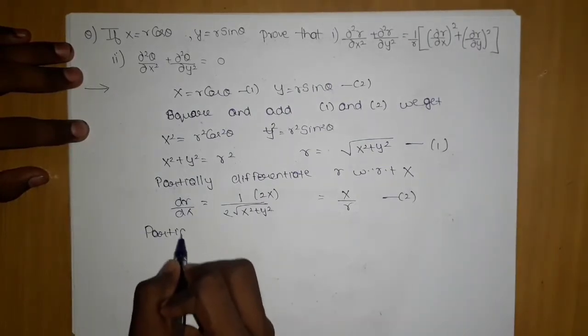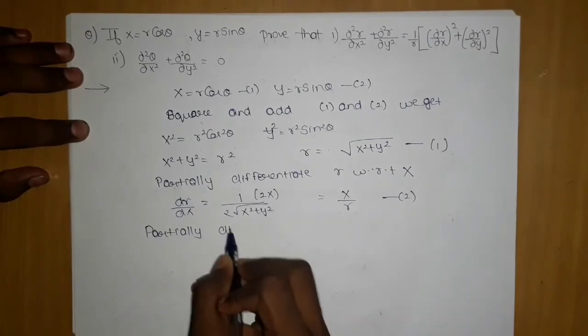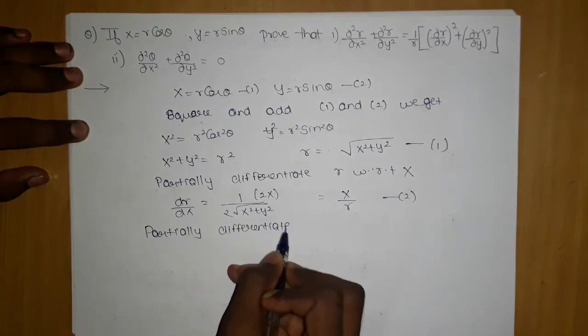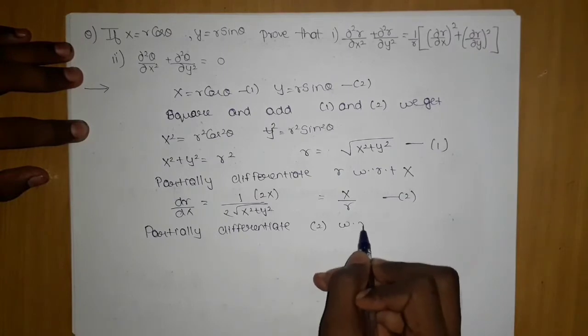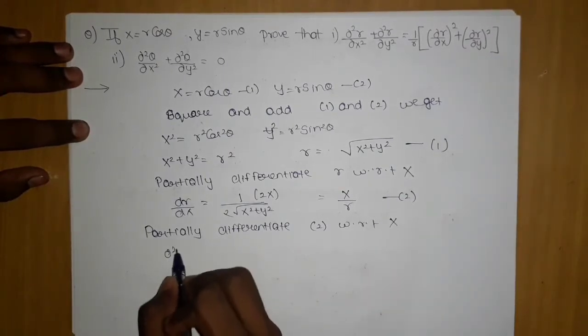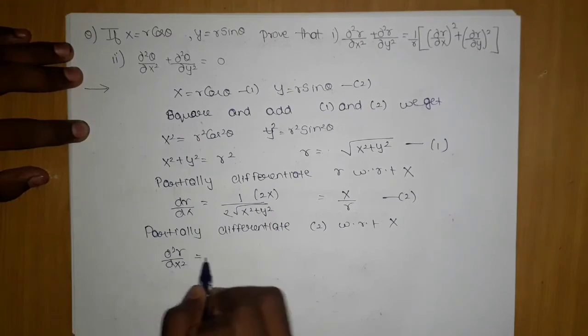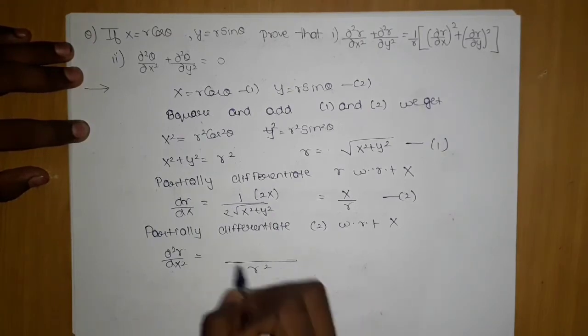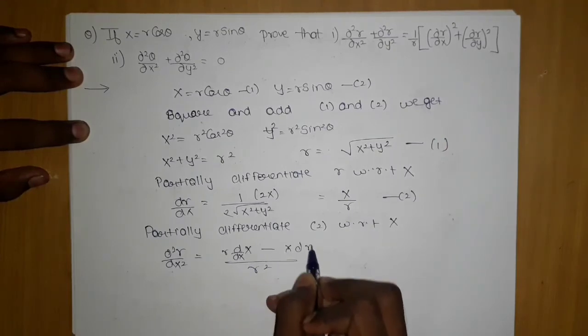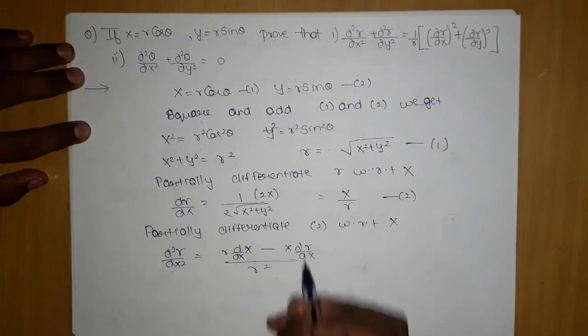Partially differentiate 2 with respect to x again, which will be dou square r by dou x square, which will be r into dou x by dou x minus x into dou r by dou x, all over r square, and I know dou r by dou x is this thing.